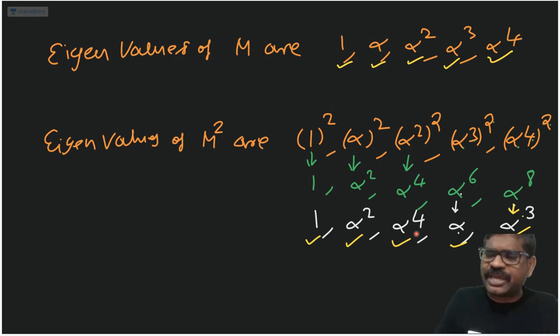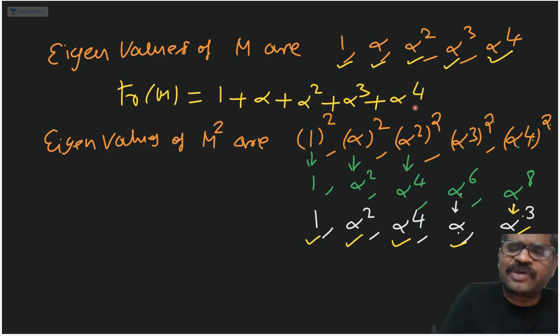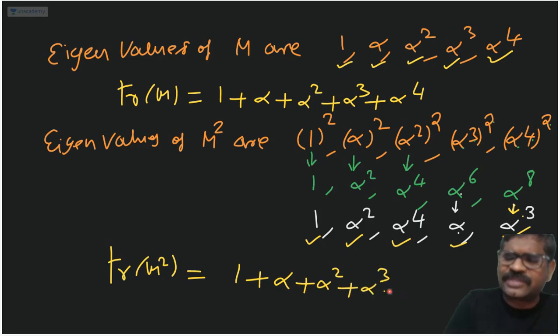Observe here, trace of M equals 1 plus alpha square plus alpha cube plus alpha power 4, and trace of M square is also 1 plus alpha square plus alpha cube plus alpha power 4.